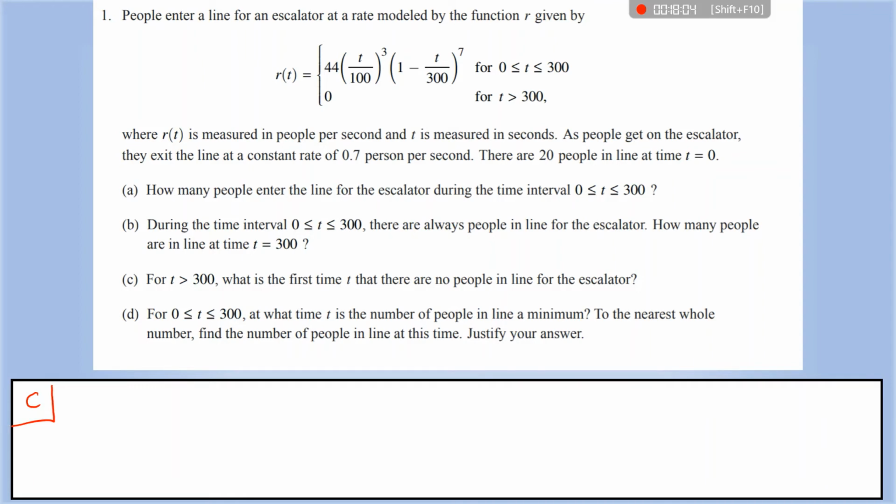What is the first time that there are no people in line for the escalator? So we have to set R(t) to 0. Well, when R(t) is 0, that means no people are entering the line for the escalator. But that doesn't mean the line is clear yet.